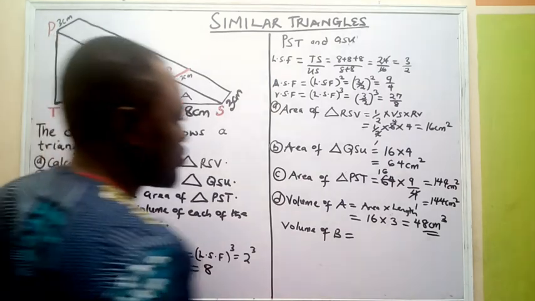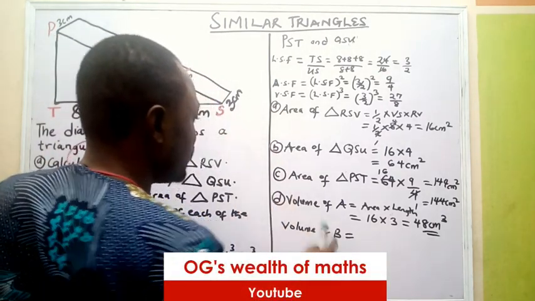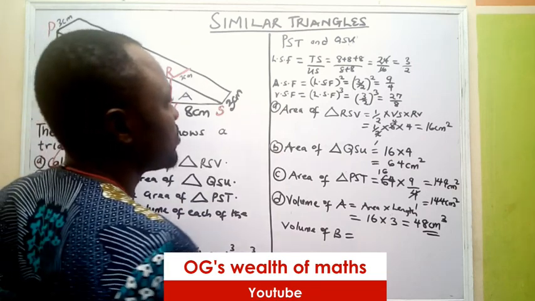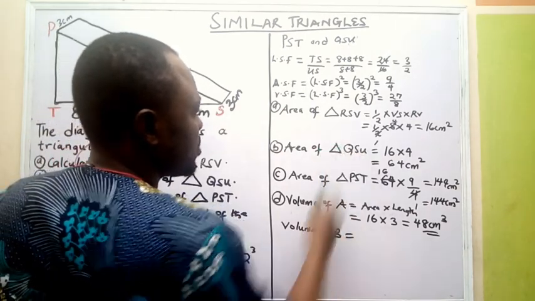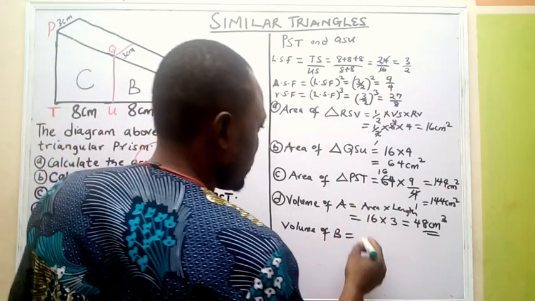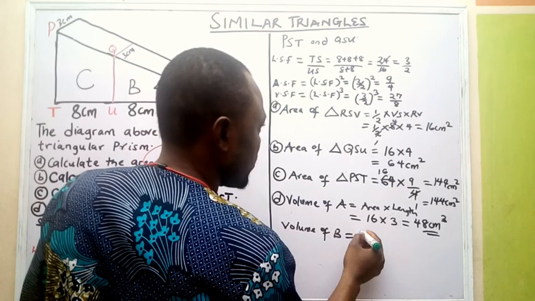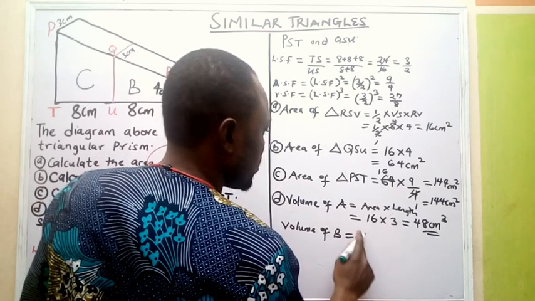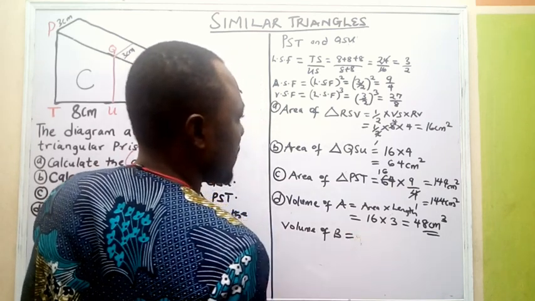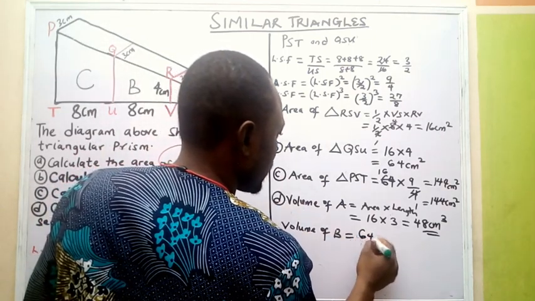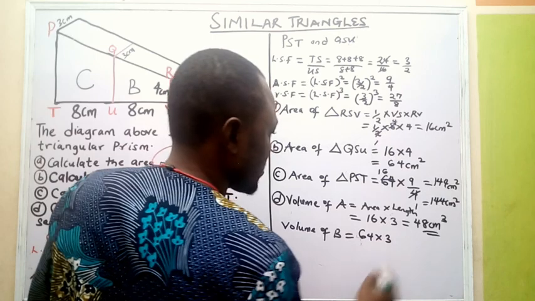So all I need to do to get the volume of B, I'm going to look at the area of QSU multiplied by the length. So the area of QSU is 64 multiplied by the length.